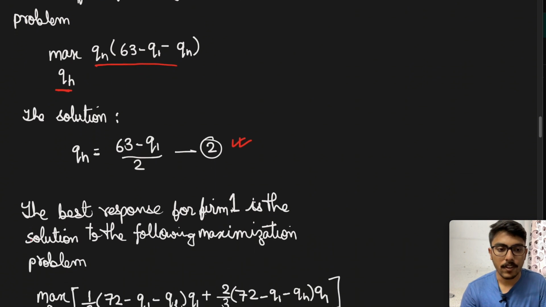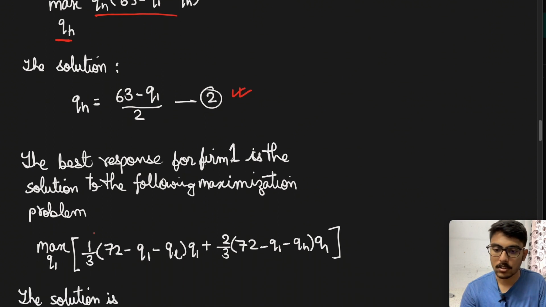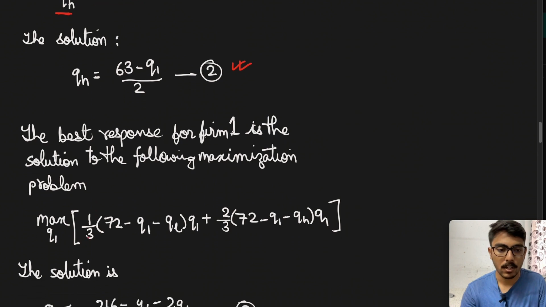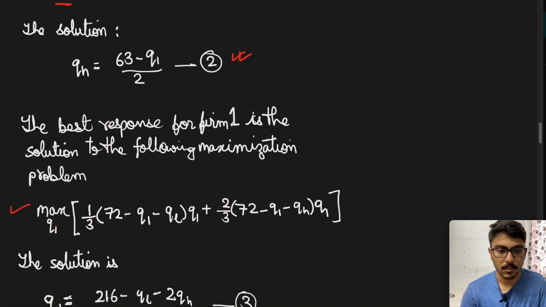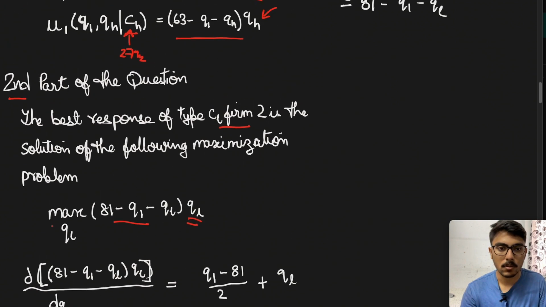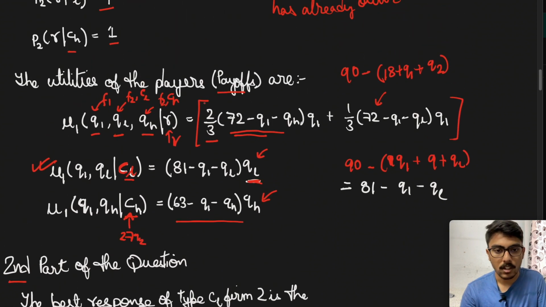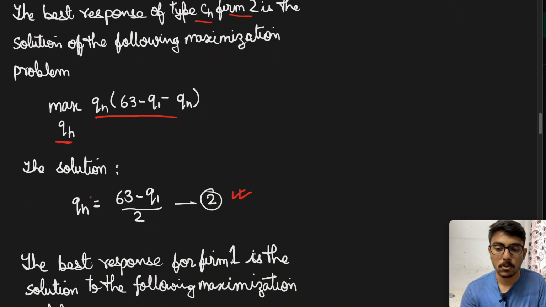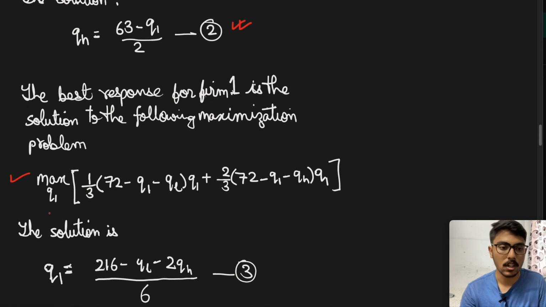Similarly, we will find the best response for firm 1. Now since there is only one type for firm 1, there will be only one solution to maximization problem, which will be this one, right? This is the equation which I had written first. So this we will maximize with respect to, you guessed it right, it is Q1.